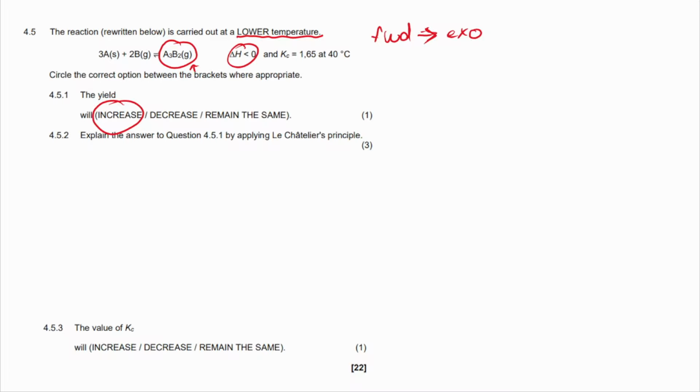And for the next part, they say you're going to have to explain your answer by applying Le Chatelier's principle. Okay, so again, we're going to be applying bullet points that should be memorized. We discussed it briefly. But we need to be saying that the stress on the system is a decrease in temperature.